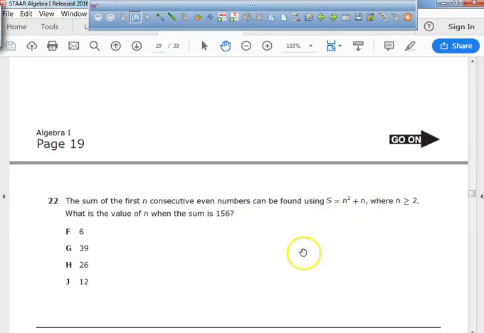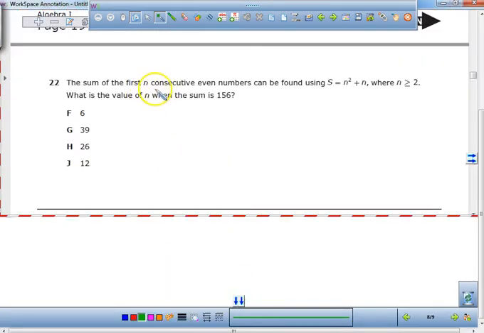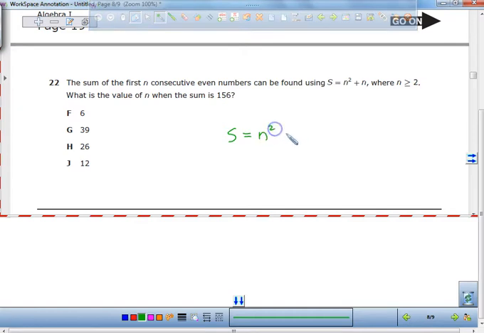Now, right here, we have a formula. And what does the formula say for number 22? It says the sum of the first n consecutive even numbers can be found by using this: S equals n squared plus n, where n is greater than or equal to 2.